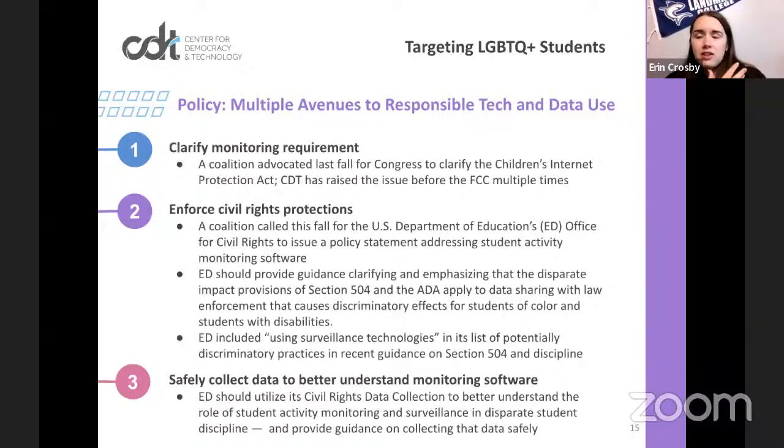For example, I think that if there's any monitoring software used for whatever reason, it needs to not be active outside of school hours, and be very specific on what that means. So the moment students walk in and the moment they walk out, it's turned off. They're not traced outside of the school.